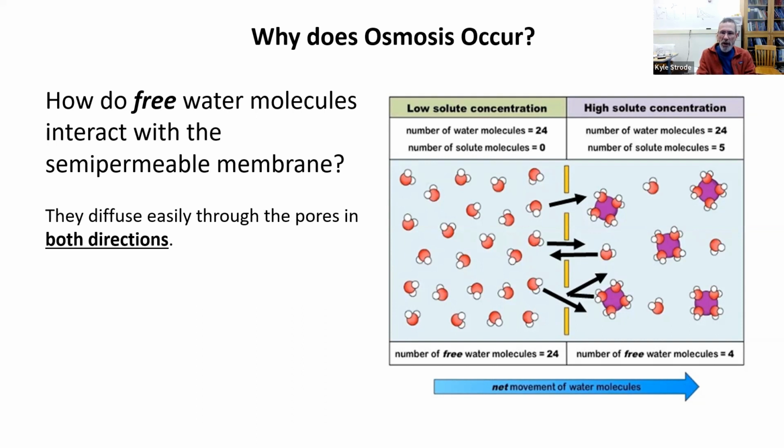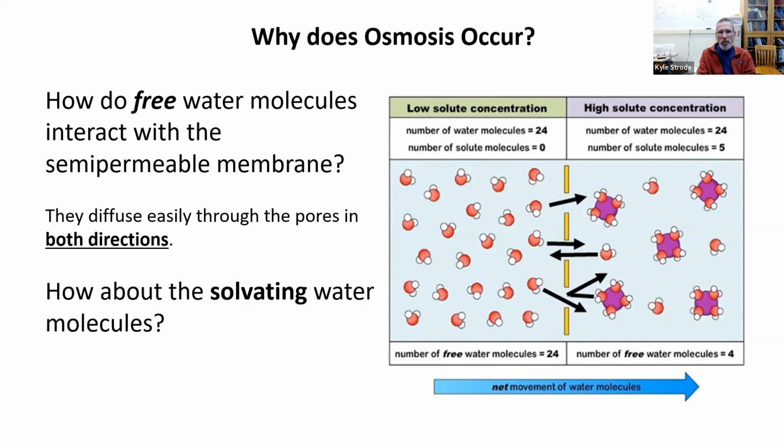Water molecules can move back from the right to the left as well. Keep in mind, the water molecules move across the semi-permeable membrane in both directions. And this should make you wonder, then, why does water tend to have a net movement to the right? So we'll answer that question in a little bit. Keep in mind, water moves in both directions across the semi-permeable membrane.